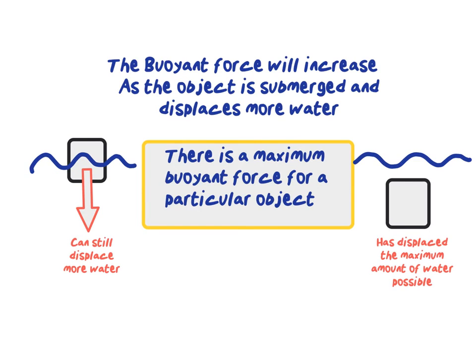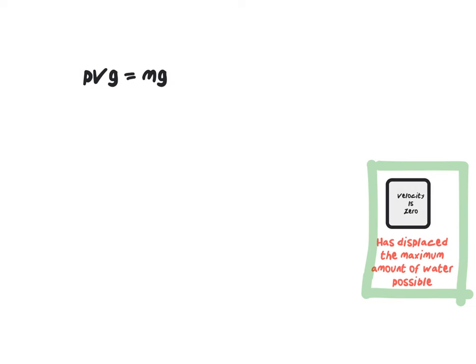Now what we can do is say that when the object is fully submerged, and let's say it's floating below the surface, so it's not actively moving down or sinking, it's just neutrally buoyant and completely submerged, this expression, rho Vg equals mg, then comes to hold a deeper meaning.